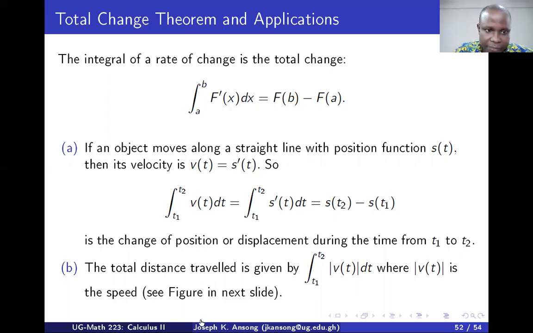The total distance traveled is given by the integral from t1 to t2 of the absolute value of the velocity. So this is back to the distance thing, where the absolute value of the velocity gives you the speed.